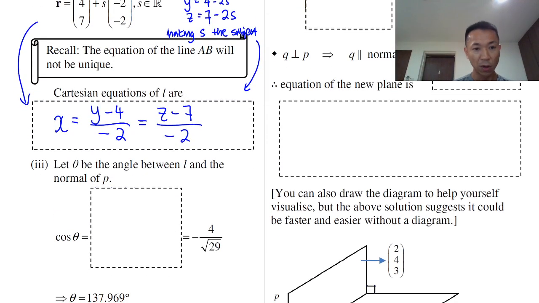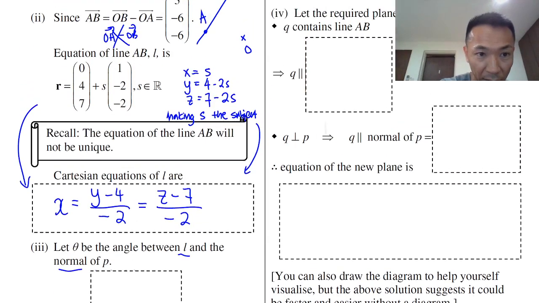So first, we use cosine theta. Cosine theta, all right, is, recall, to find angle between two lines. Actually, you are just finding the angle between two lines, this line and this line. You just make use of the two vectors, which is AB.